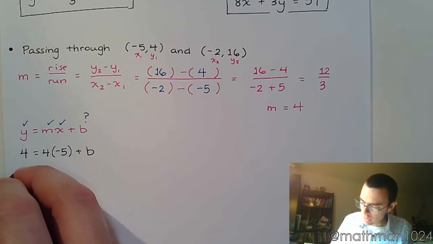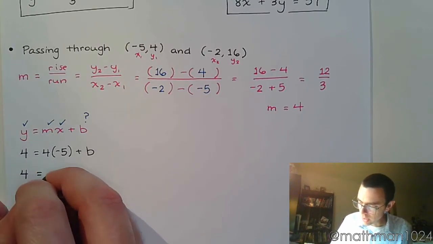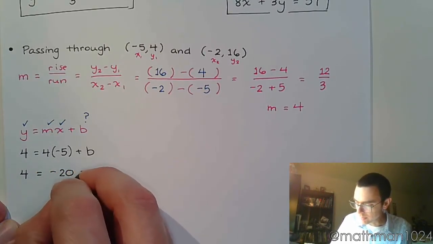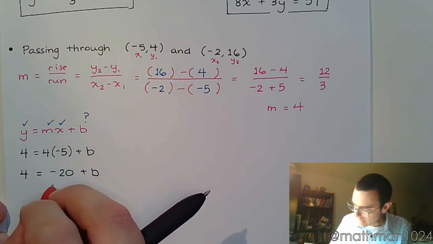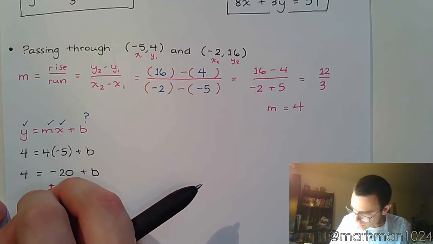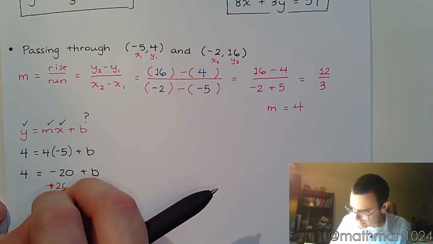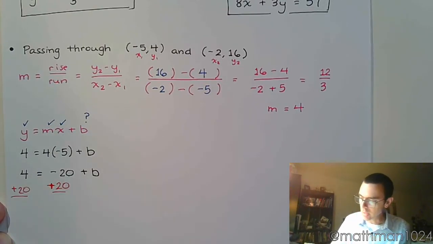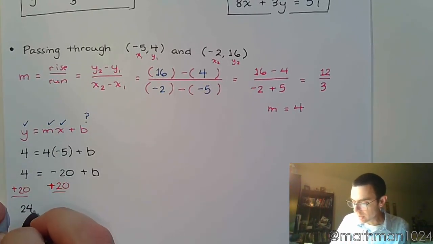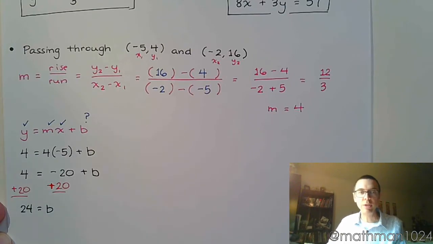Okay? So, working this out, 4 equals negative 20 plus b. Isolate b by adding 20 to both sides. And we get 24 is equal to b.